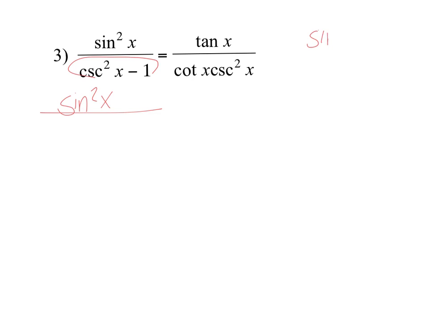Let me start with sine squared plus cosine squared equals 1. I know if I divide both of these things by, to get cosecant, you need to divide by sine. So sine squared, sine squared, sine squared.